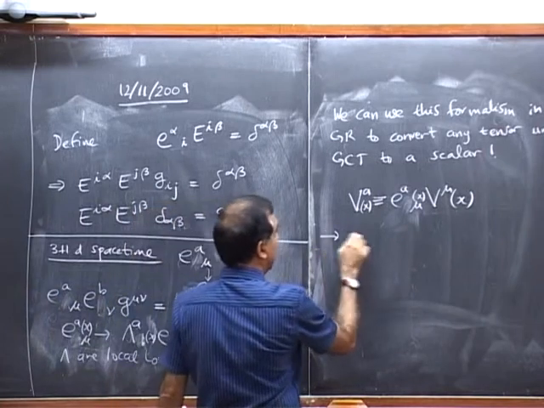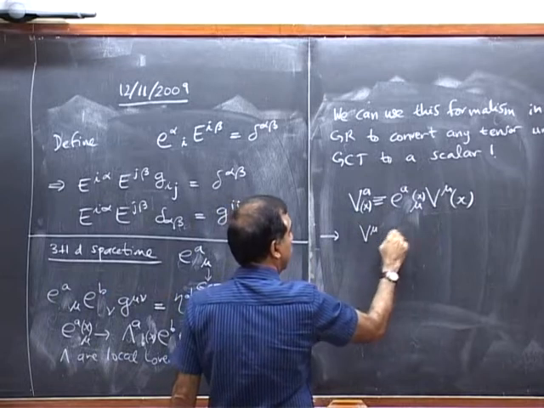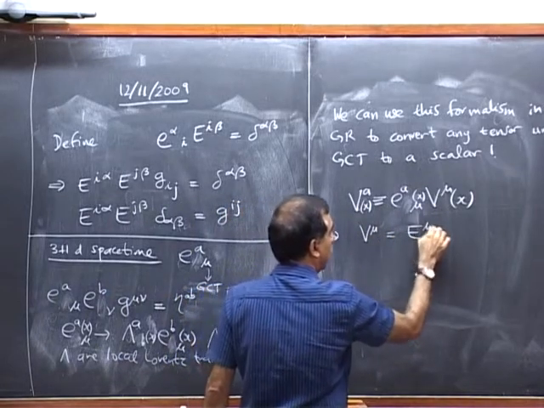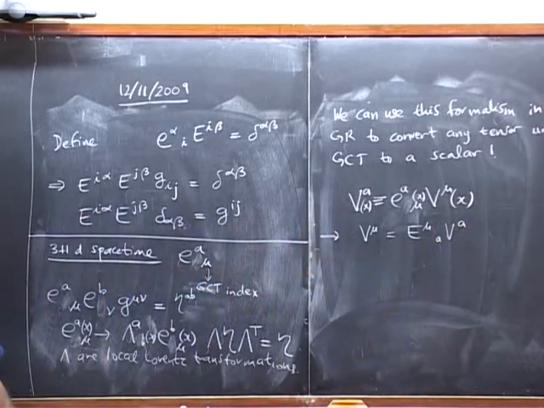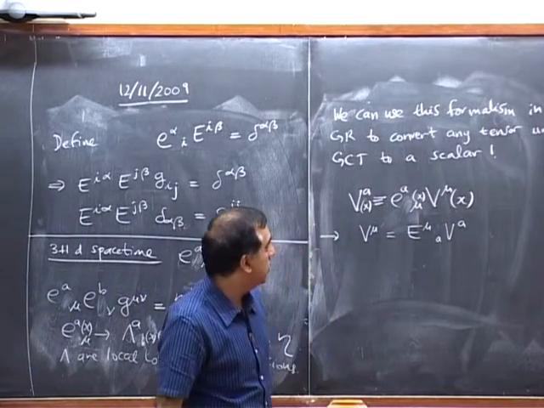I can go back anytime if I feel uneasy with this guy, I can go back to that one, because V mu is equal to E_A^mu V^A, right, where capital A is the inverse. So it's certainly invertible.